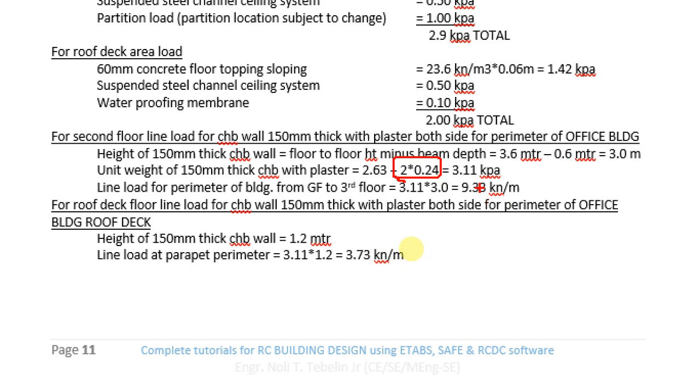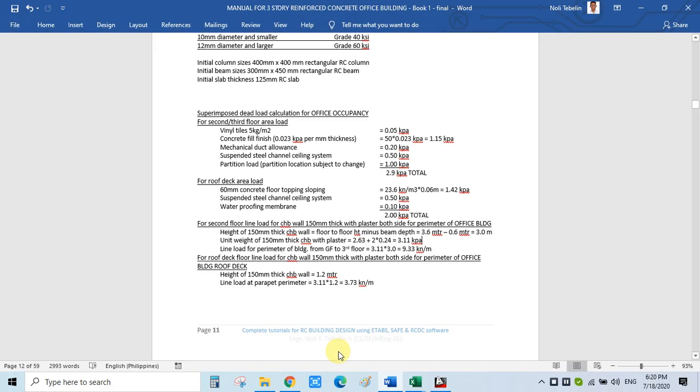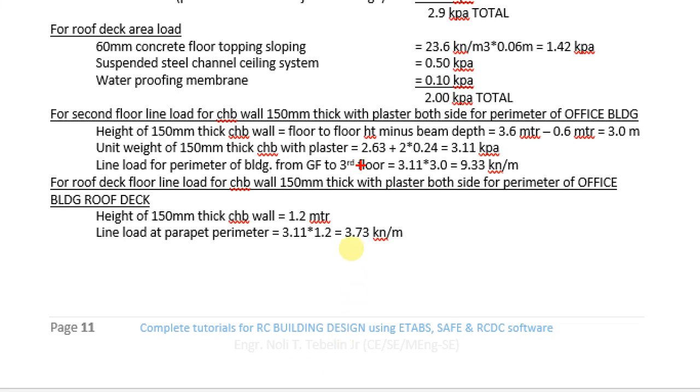Meron kang unit weight para sa plastered cement. Okay, so dito sa case natin, 2.63 plus 2 times 0.24, this is for plastering. Okay, so we will have 3.11 kPa.